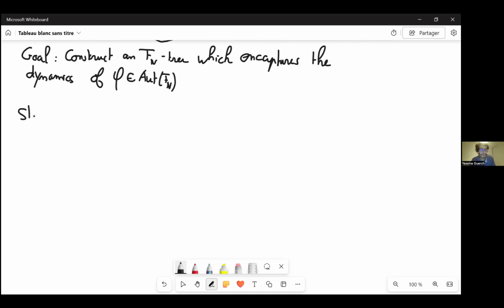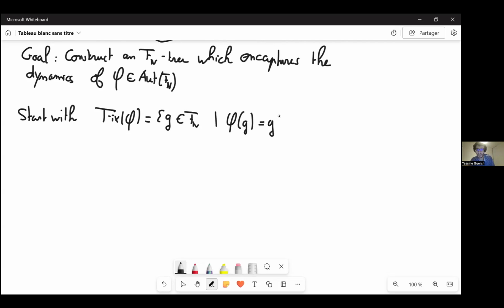I will start with the subgroup, the fixed subgroup of phi, which is the set of all elements g of Fn such that phi of g is trivial. So this group is a canonical subgroup associated with phi, in the sense that it is preserved by the centralizer of phi.